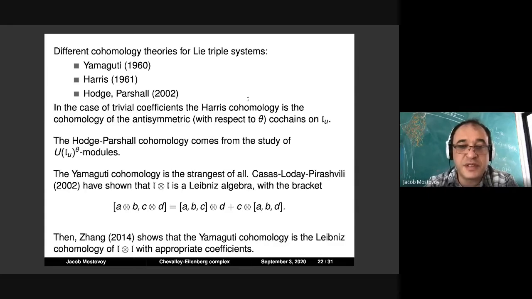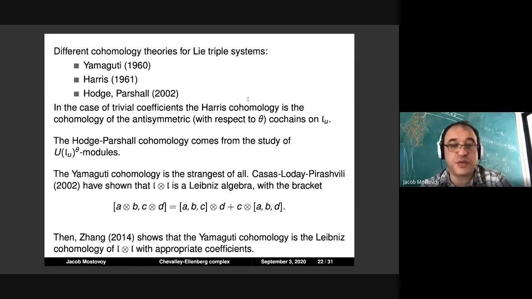What happens is that if you have a Lie triple system, then its tensor square is a Leibniz algebra. And we can take its Leibniz cohomology with some quite non-trivial coefficients, and this way we get exactly the Yamaguchi complex.